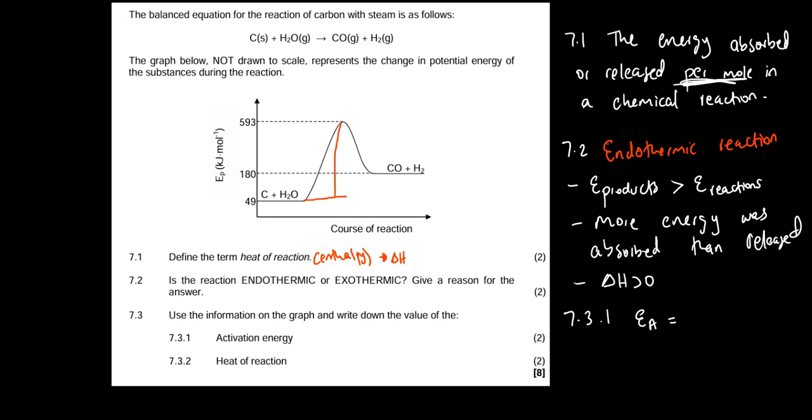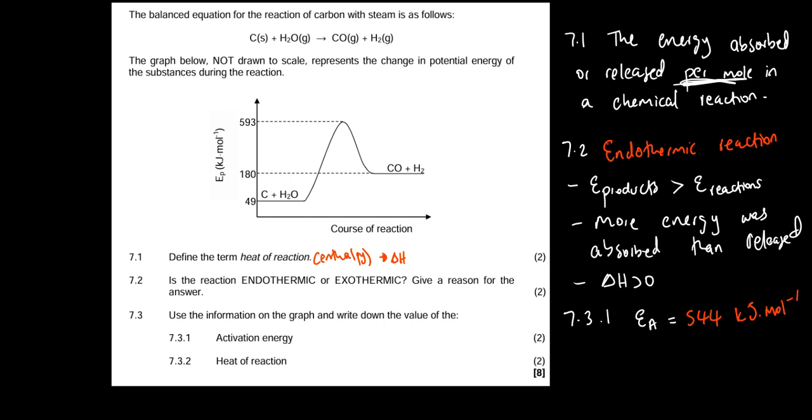So you simply say the highest part minus the energy of the reactants. That means 593 minus 49, which is 544. And the units are kilojoules per mole.